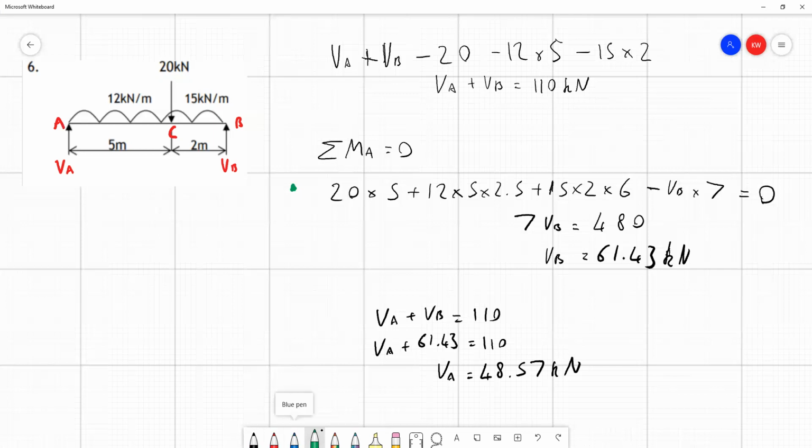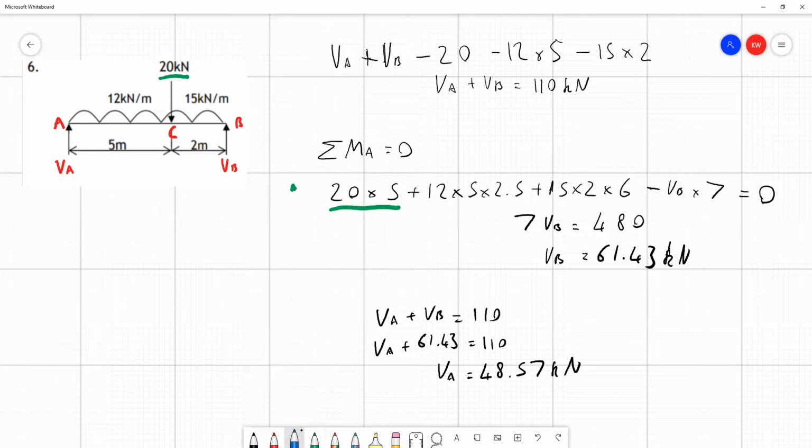And I've considered point A and thought about all the forces and the moments that they cause relative to point A. So hopefully the first point I've considered, 20 times 5, is what you'd expect. This is the force acting at point C, and it acts at a distance of 5 meters away from point A. So it's 20 times 5. The next thing to consider is the UDL on the left-hand side of the beam.